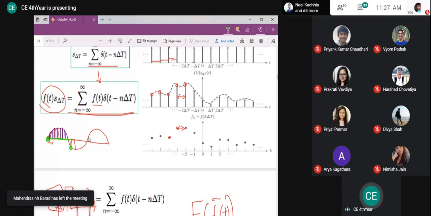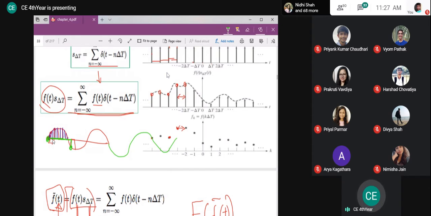Then I am taking another sample somewhere here. This is my continuous function, you can assume that. So my delta t is larger. The next sample I am taking somewhere here, then somewhere here, right? And so what I will feel is that my function is varying like this. This is how I will feel if I am taking that function. But actually my function was varying like this.